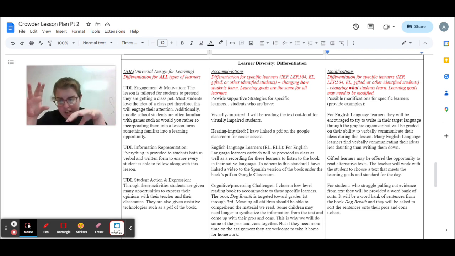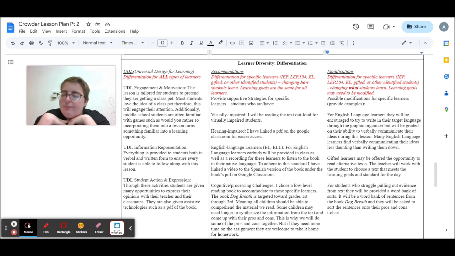Each of these categories is broken down into smaller categories, but this is a kind of universally decided way to differentiate to reach all types of learners, whether they are visual, kinesthetic, or audio.